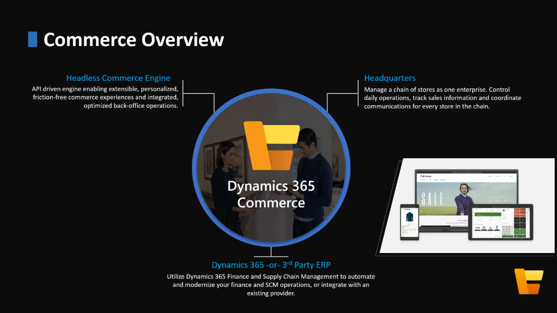In our architecture, we have a back office component called headquarters or HQ, which is essentially where all the commerce master data, including product, inventory, pricing, etc., is managed and stored. Our solution serves a range of sales channels through our headless commerce engine as a central point of integration. Out of the box, we provide a native point-of-sale application, which gives our retailers a comprehensive set of functions they need to properly manage their store operations.